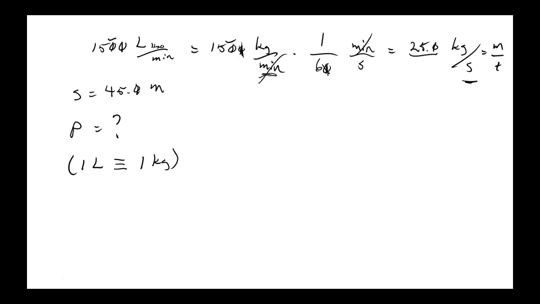Now, what are we missing? In order to get power, what do we need? You've answered this question several times tonight, very nicely too. In order to get power, that's what we're looking for. What is the formula for power?